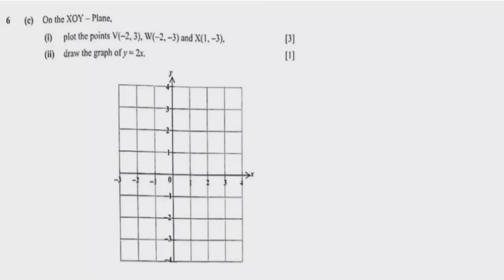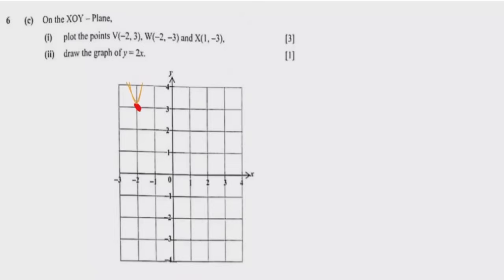So now what we need to do is start with the point V, which is (-2, 3). So (-2, 3) is here at this point. -2 is the reading on the x-axis, and 3 is the reading on the y-axis. So the point will be there, and we call this point V.